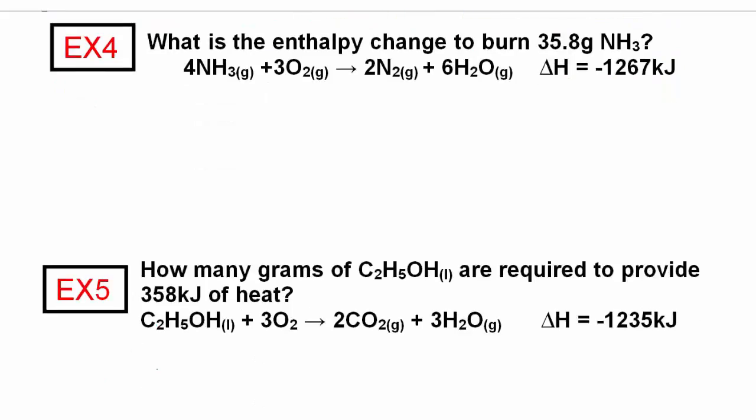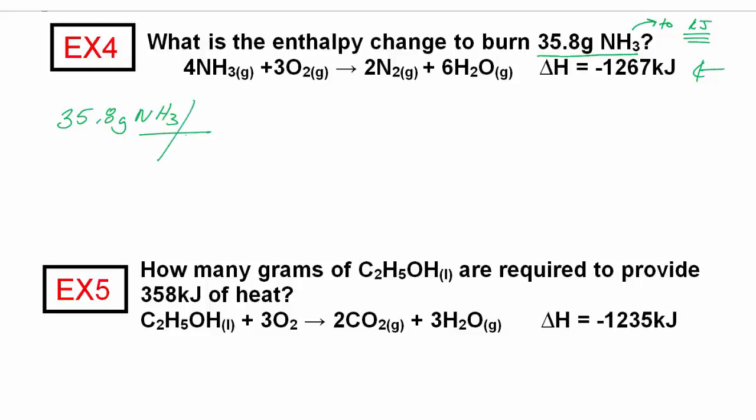What is the enthalpy change to burn 35.8 grams of ammonia? So again, we are going to convert this to kilojoules, to heat. To do that, you need a complete thermochemical equation. Great. They gave it to us. So this should be a pretty straightforward problem. We're going to convert 35.8 grams of ammonia.